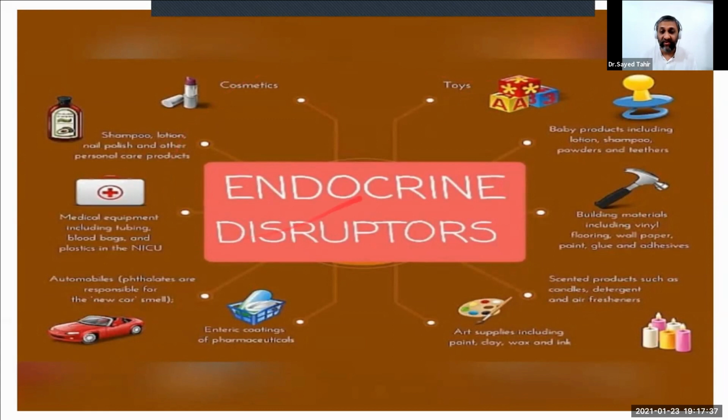All these have endocrine disruptors in them. We'll look at what they all are and how they affect us.